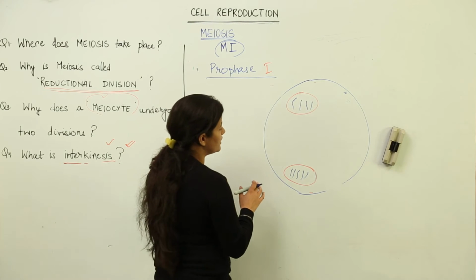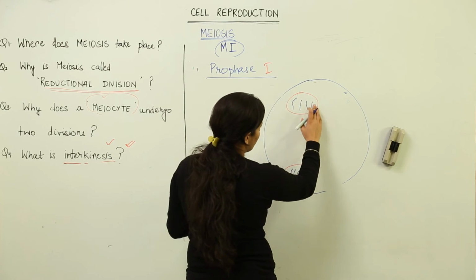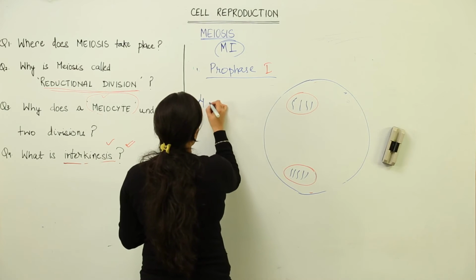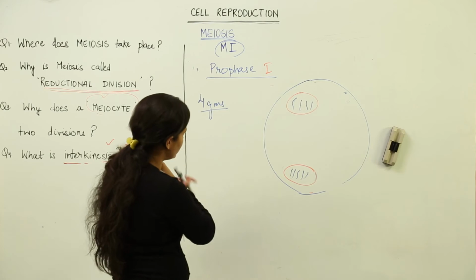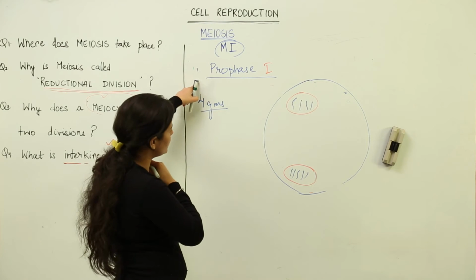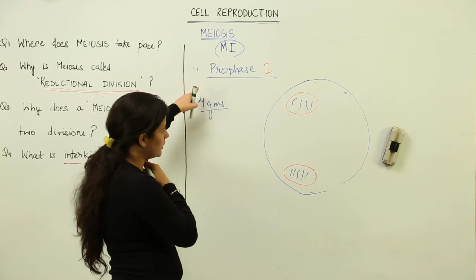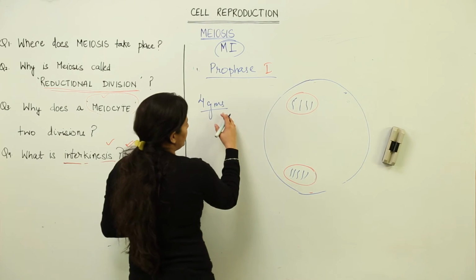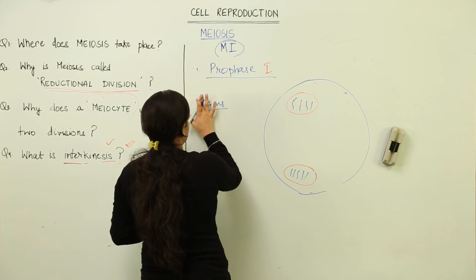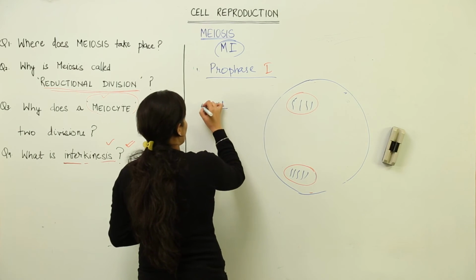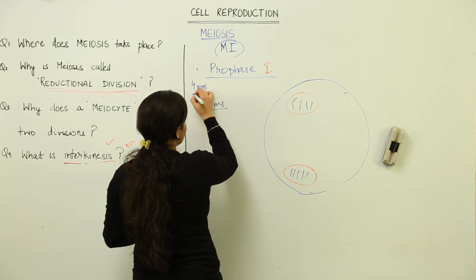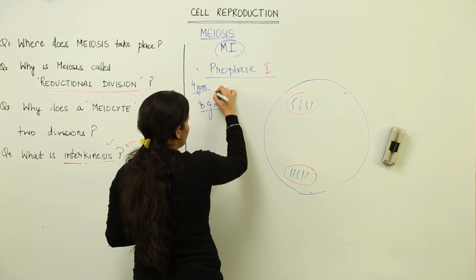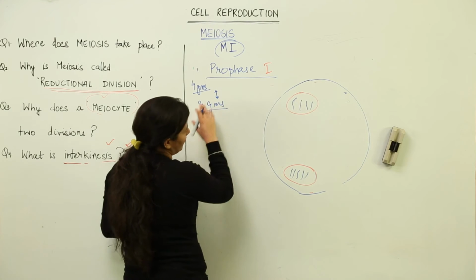Now supposedly there was 4 grams of DNA in the beginning of the cell division, that is in the prophase 1. Let's take it to be 8 grams, because the 4 grams must be at the beginning of interphase. After S phase, the DNA content doubled, it became 8 grams.